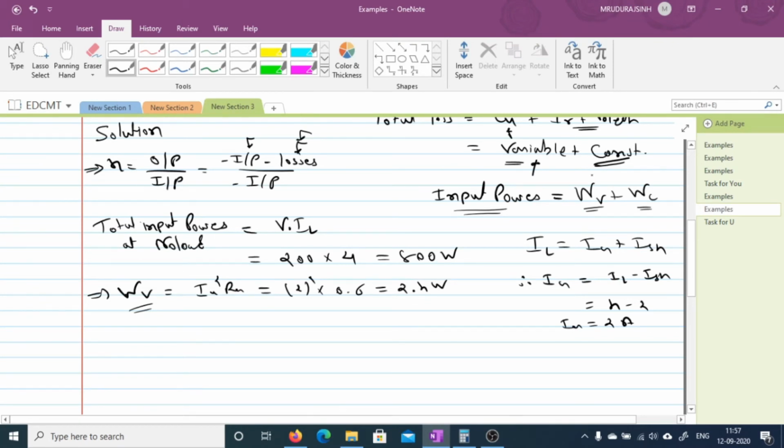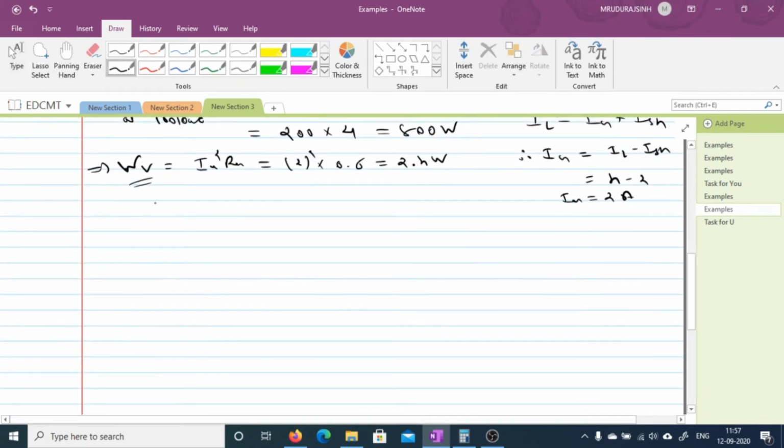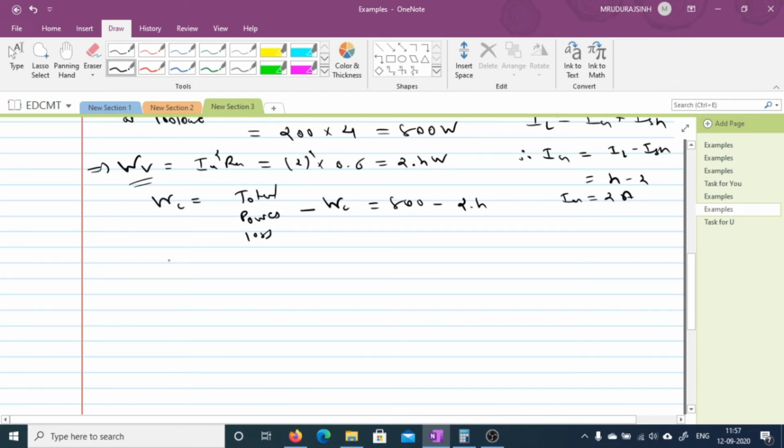So now if we find this constant loss, then constant loss is total power loss minus copper loss. 800 minus 2.4, this gives us 797.6 watt.